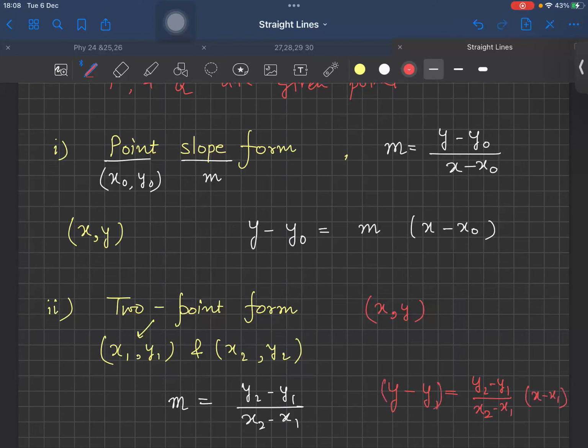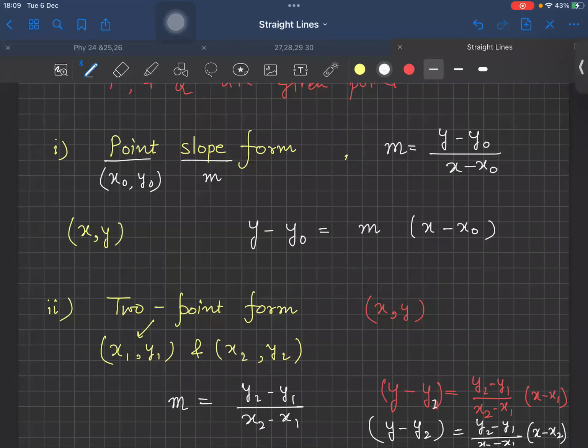Or the same equation of line you will get if you write y minus y2 is equal to y2 minus y1 upon x2 minus x1 multiplied by x minus x2. Here we are using point 1, and here point 2.